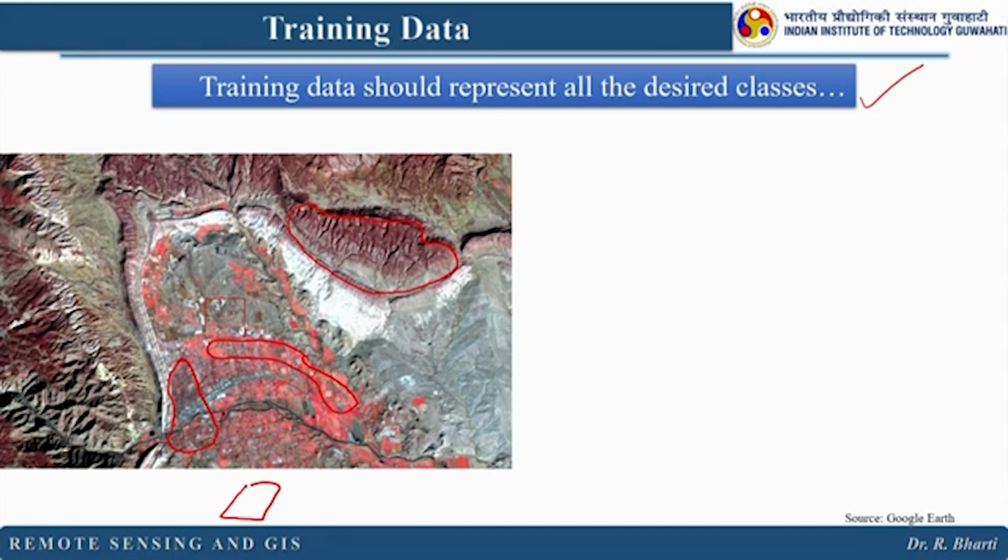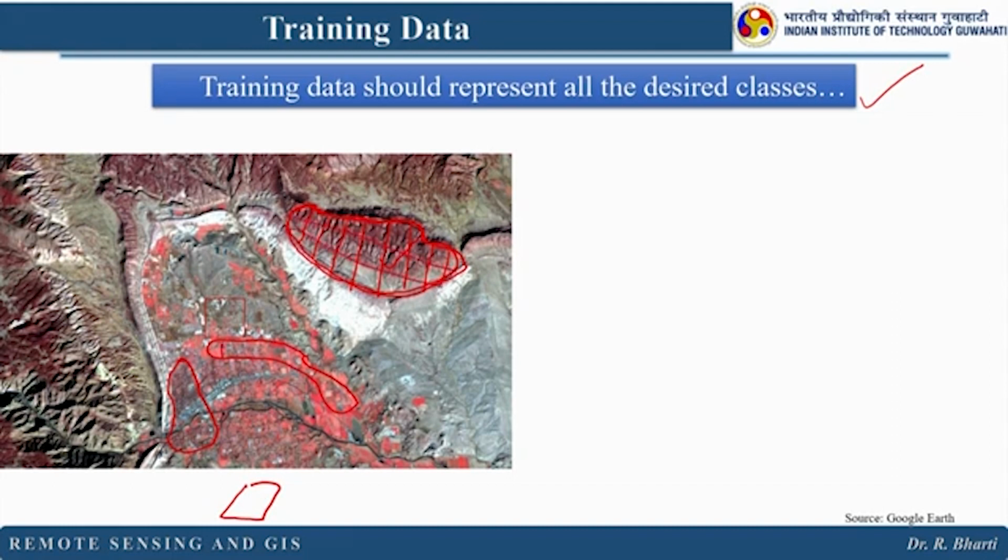You will go to the field, you will visit this particular area, you will collect the bounding coordinates of this particular class, right, and then you will plot that information on this particular image, and then these pixels from the image will be treated as training data, right.